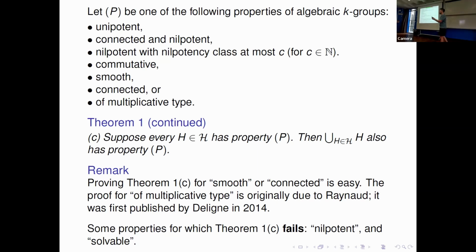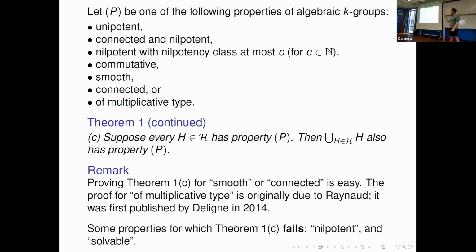For connectedness, say you have the schematic union of a bunch of connected subgroups. It's going to be the smallest closed subscheme which contains them. But if you just take the connected component of that, that's going to be contained in the original schematic union, but that's the smallest, so therefore they agree.